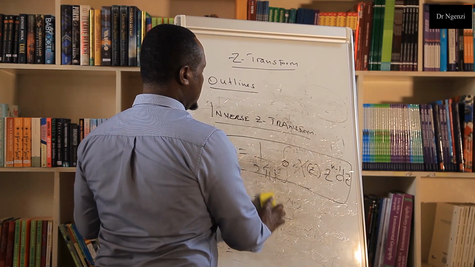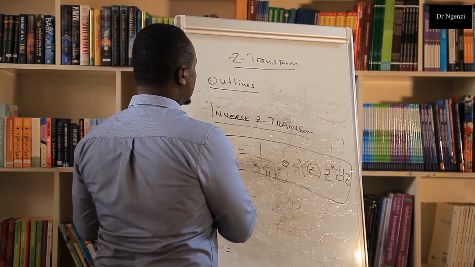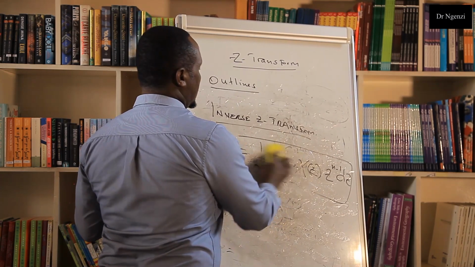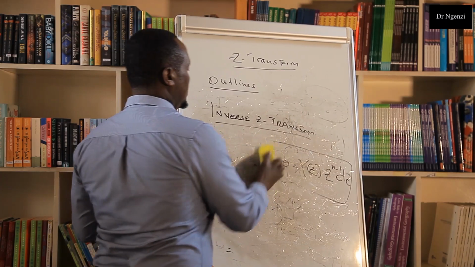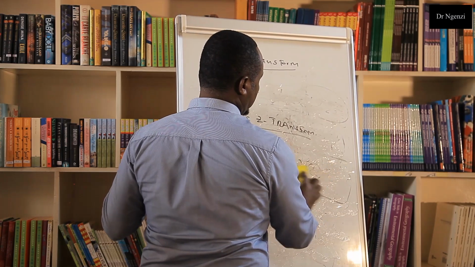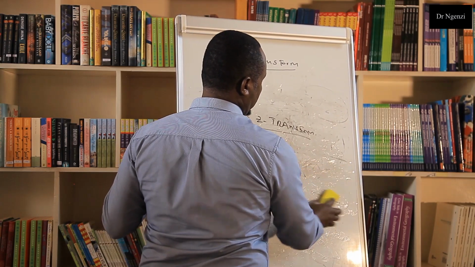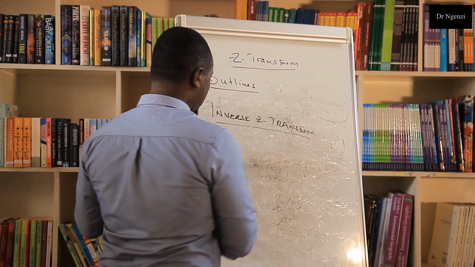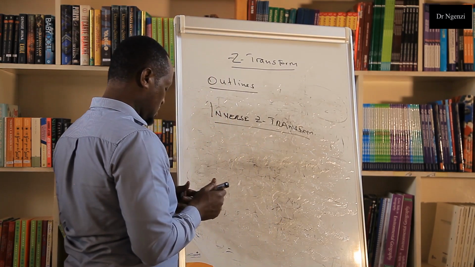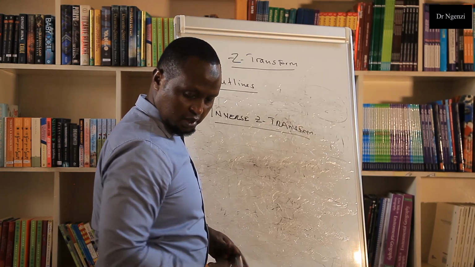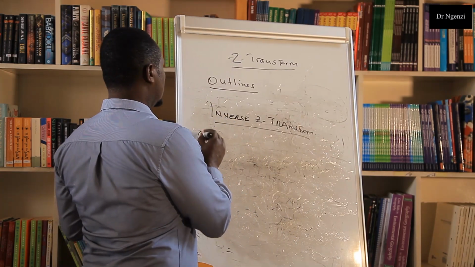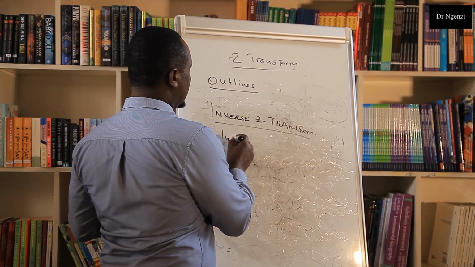When solving using this equation, you can use it in three ways: one is the inspection method, another one is partial fraction expansion, and another one is using power series. So number one is going to be the inspection method.